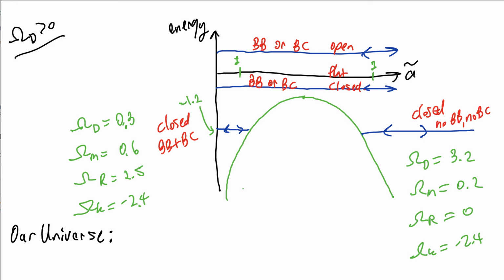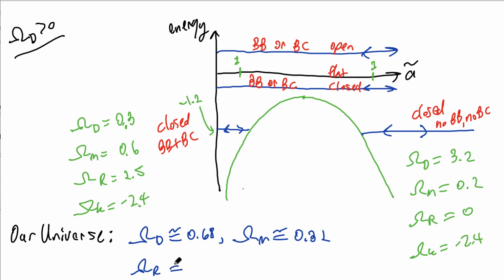And observations tell us that for our universe, omega d is about 0.68, omega m is about 0.32, omega r is small, it's on the order of 10 to the minus 5, and omega k is also small. Its absolute value is less than about 0.01.